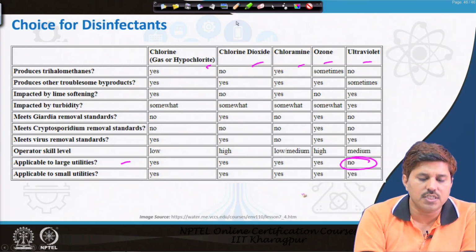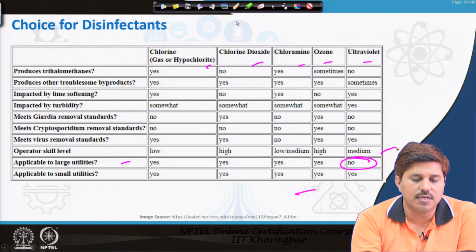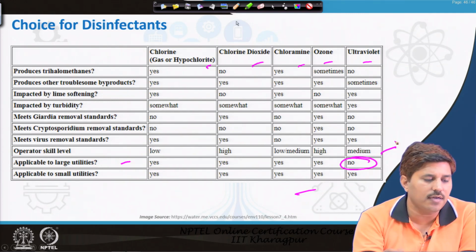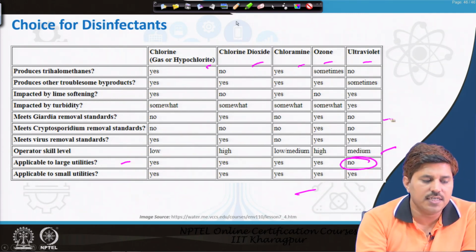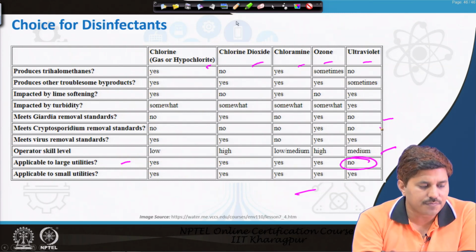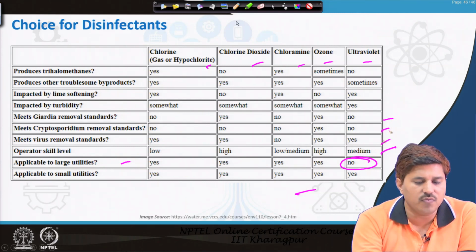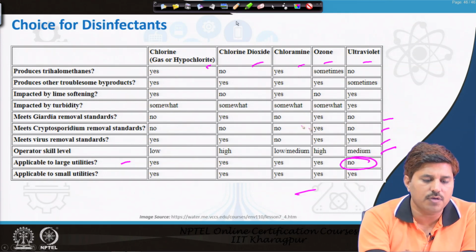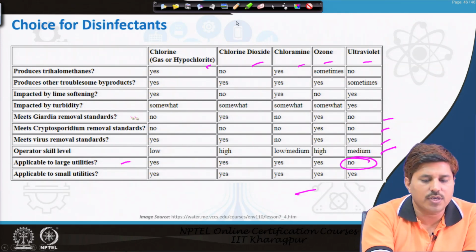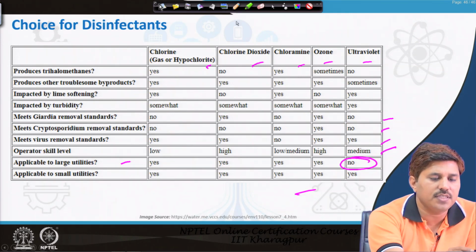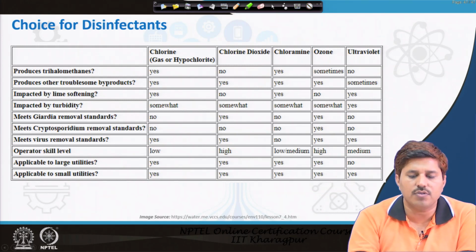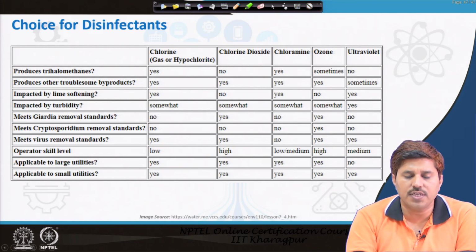For small utilities, all may be applied. The operator's skill required, meeting the bacteria, Giardia, cryptosporidium and virus removal standards. So, how good they are, what is the impact of turbidity. All these are the questions which can guide the selection of the appropriate disinfectant.